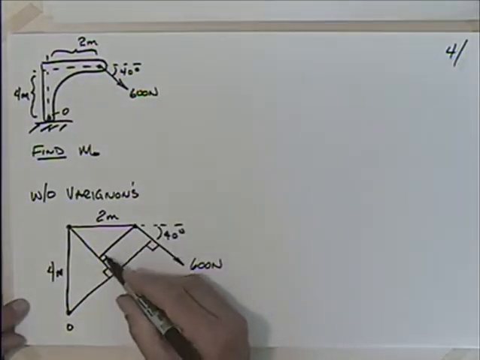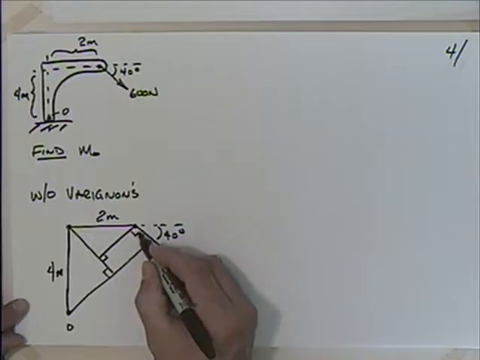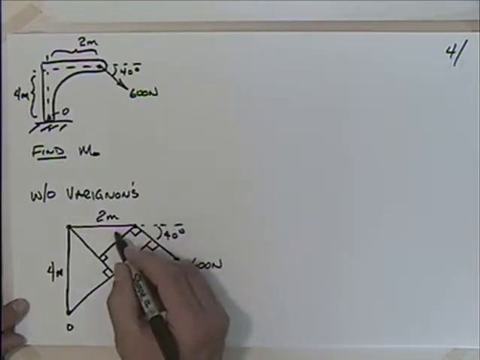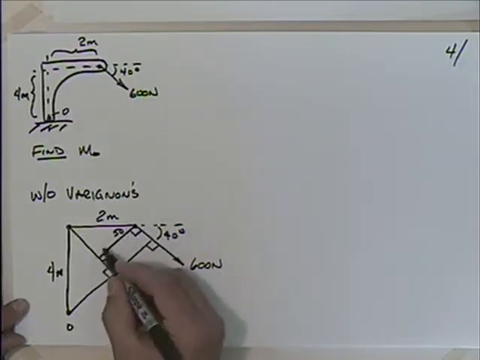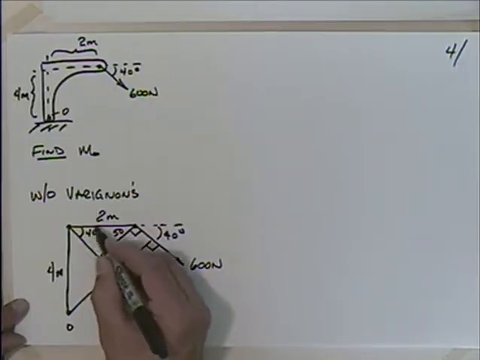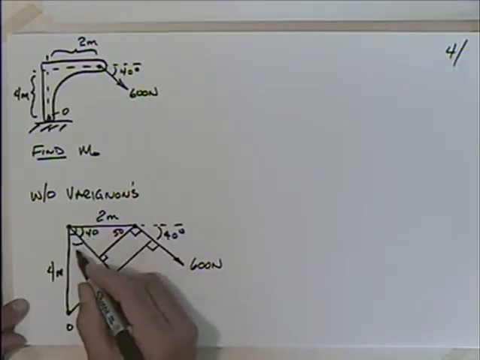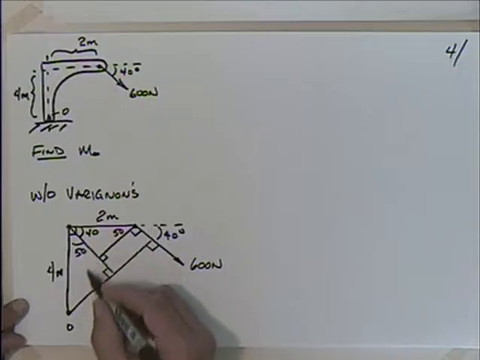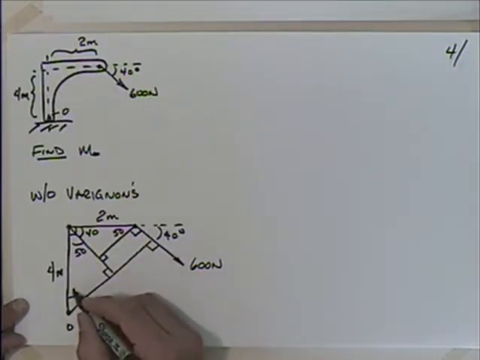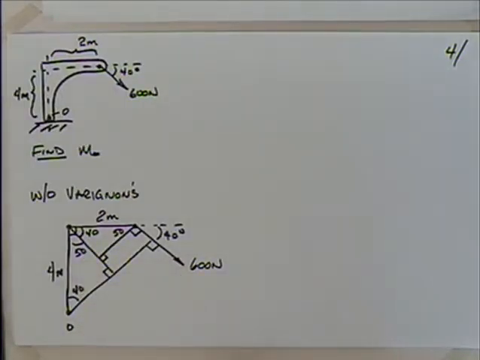So if that's a right angle, that's a right angle, that's a right angle, this has to be a right angle, so this becomes what, 50. If that's a right angle, this is 40, and then this whole thing's a right angle, so that is 50, which leaves me with this at 40. And I think that's correct.